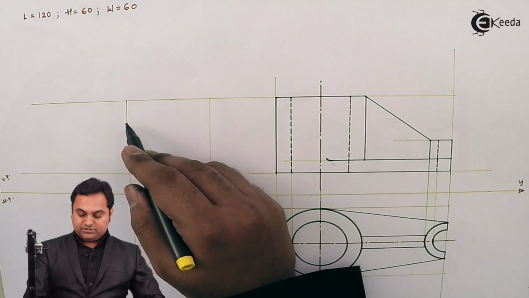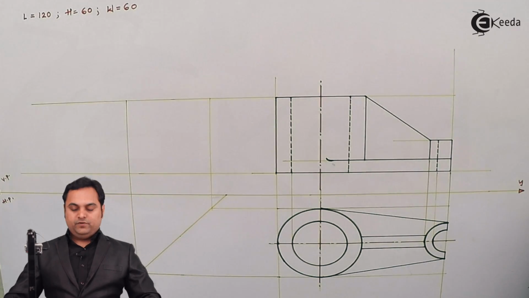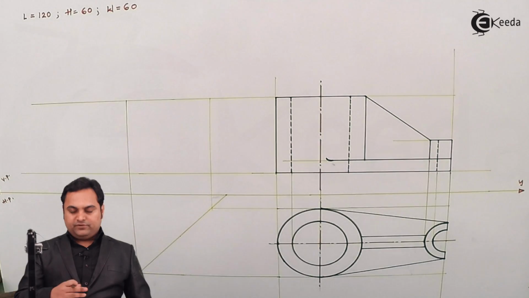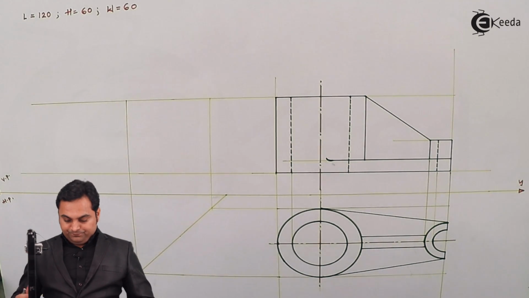So this is the box inside which we are going to draw the side view. Here the height is 60 and even the width is 60. Height we have got from the front view, width from the top view.